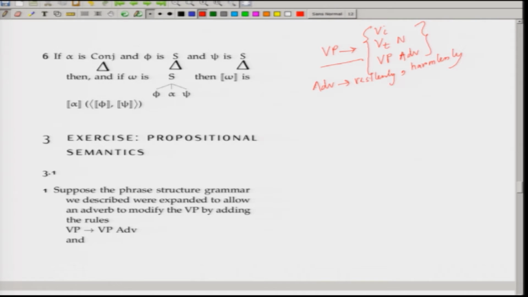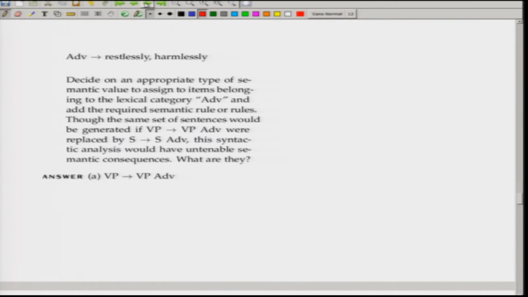Another task is very interesting. They are saying that we are adding this VP goes to VP ADV rule, but the same syntactic effect could be achieved by adding another rule. Suppose we have a sentence. We see two syntactic derivations of the same sentence.